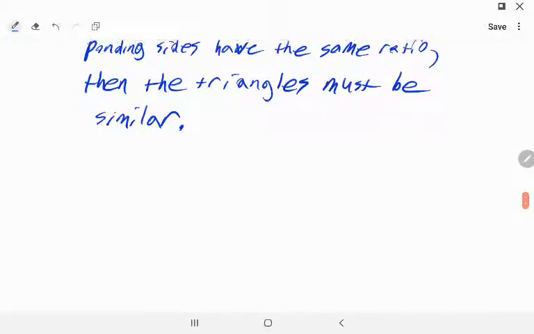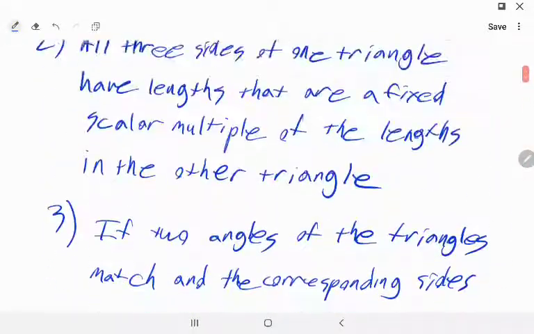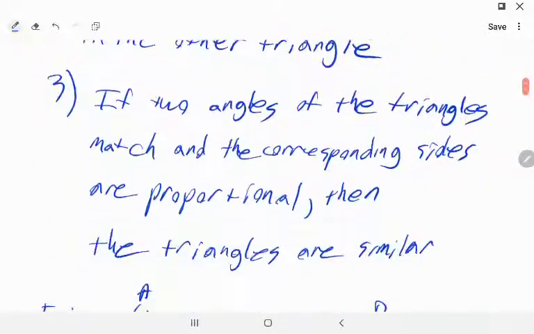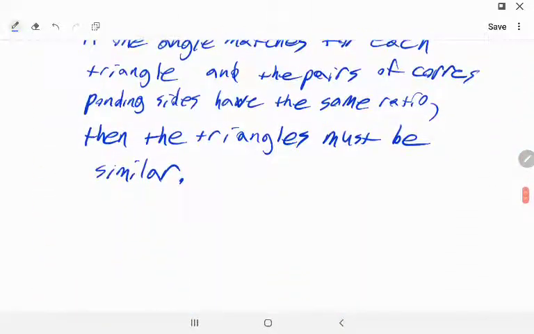And so we'll often call that first method the angle method. This fourth method is sometimes called side, angle, side. We'll play with that a little bit more later.